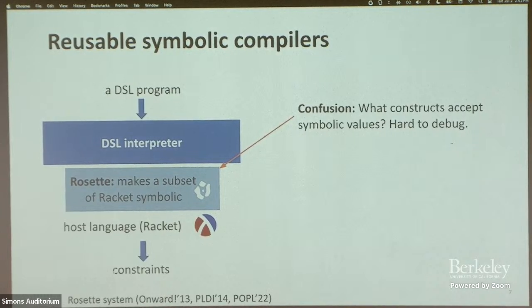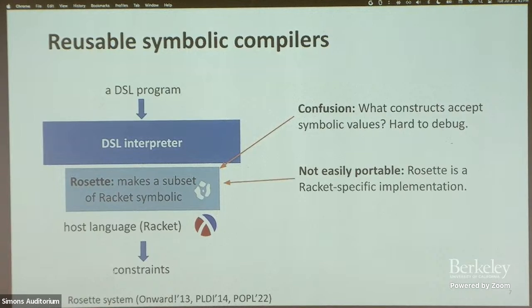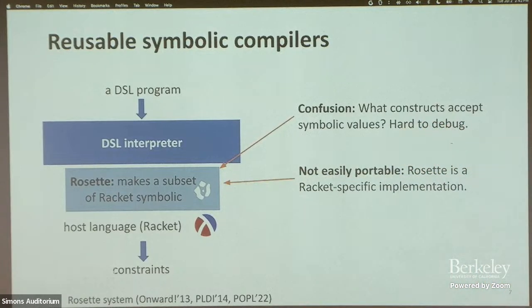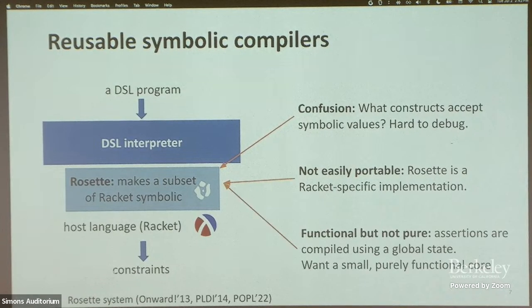If you take a language defined over integers and now it's over symbolic integers, it leads to confusion sometimes, okay? It's also not easily portable because the algorithm for this compilation is sort of hard-baked into the Rosette interpreter or into a compiler. You cannot easily move it from Racket to, say, Java. And finally, to be efficient, it's functional, but not purely functional. So it relies on state to do optimizations. That makes it even harder to port and sometimes understand, okay?